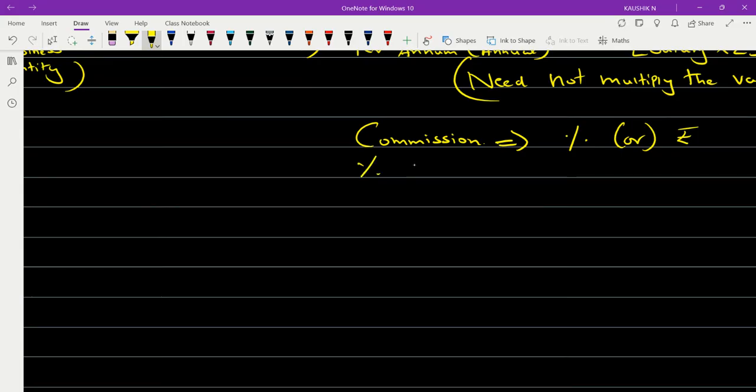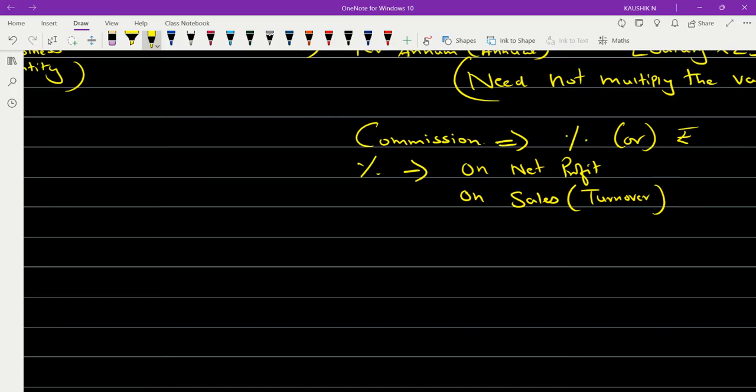When it's a percentage, it could be a percentage on net profit, or it could be on sales. Commission can even be on the basis of sales. Sales is otherwise called turnover. So remember, commission can be expressed in percentage or in rupees.